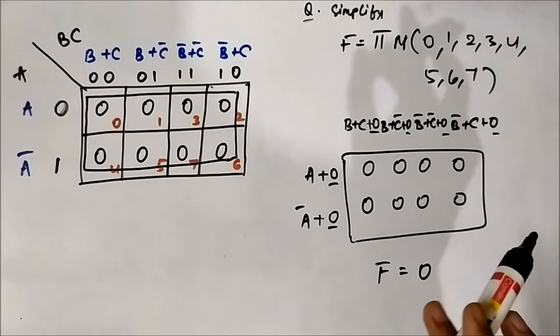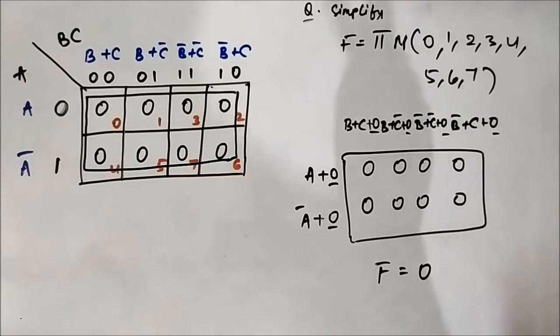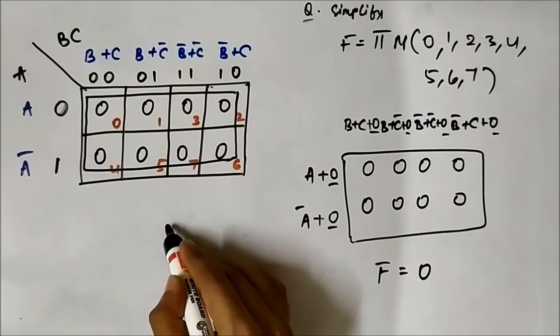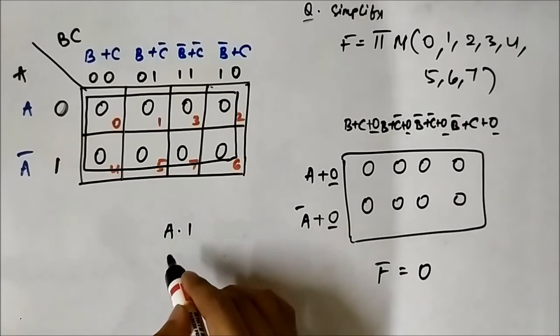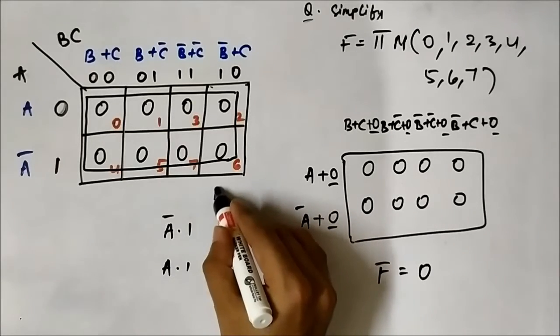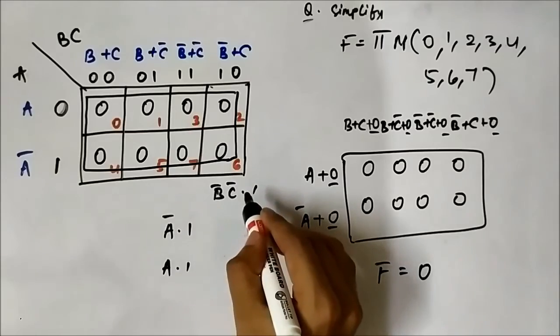Now if you remember, we did the similar thing in SOP also, in SOP simplification where all the cells were involved. In that case we multiplied each variable with 1. A bar with 1, then A with 1, then B bar, C bar with 1, like that.